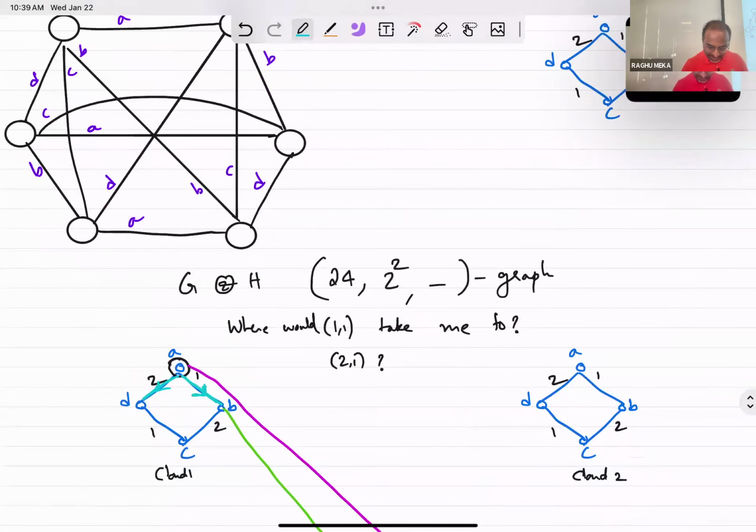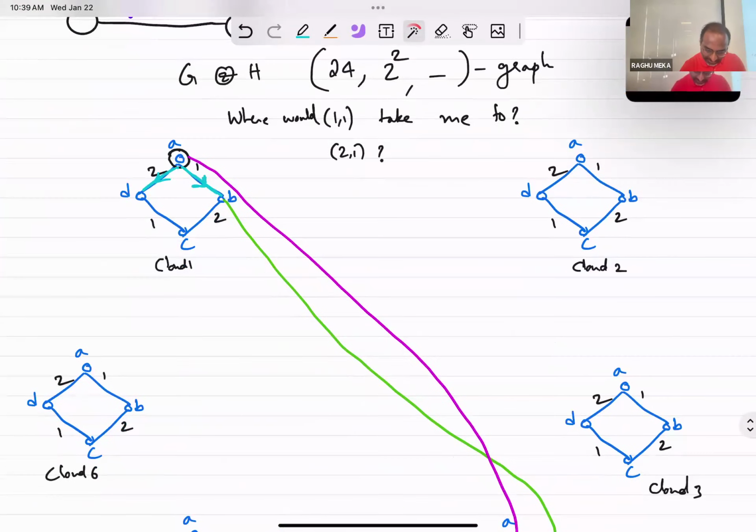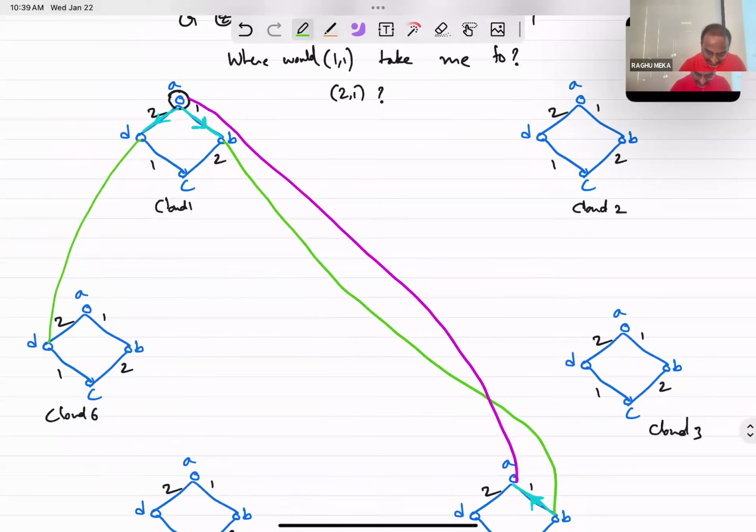And then that's vertex number D. Where does D take me to? It takes me to this cloud. Right? So I jump across. And then number 1 takes me here. Okay, so I'm going to add this edge as well, right? So the purple edge, again, these two purple edges will survive. The rest are just kind of only for calculation.